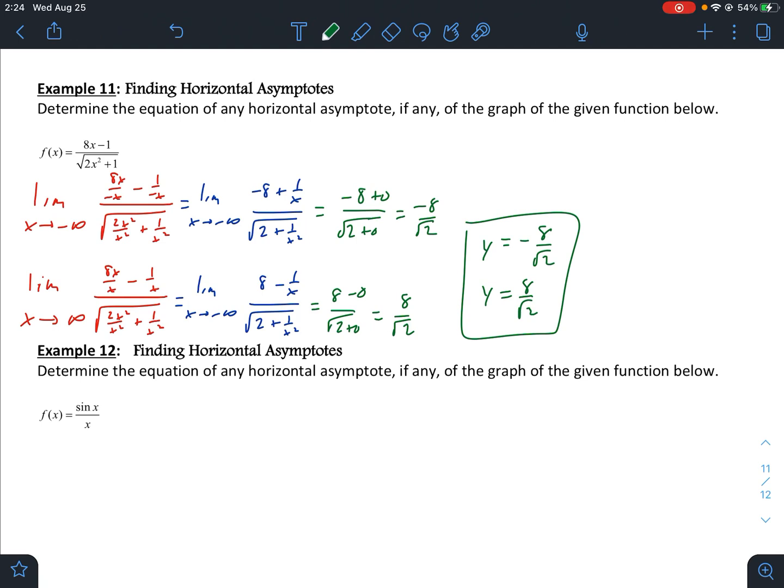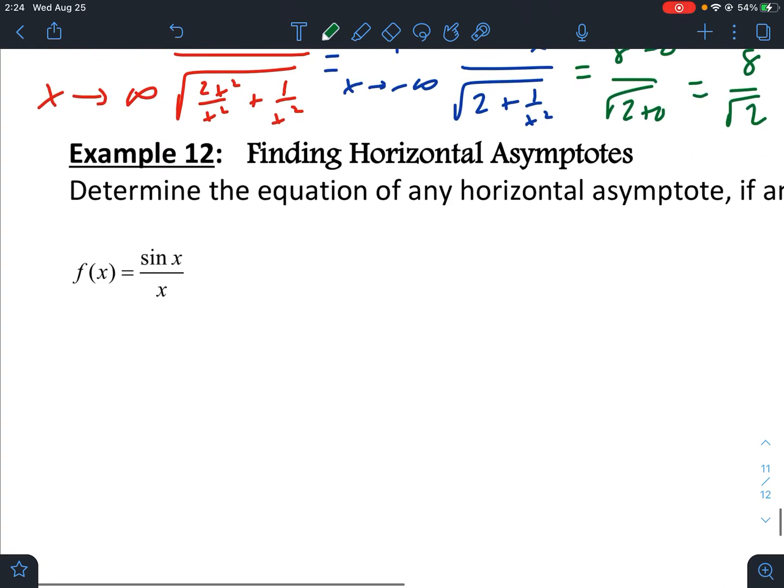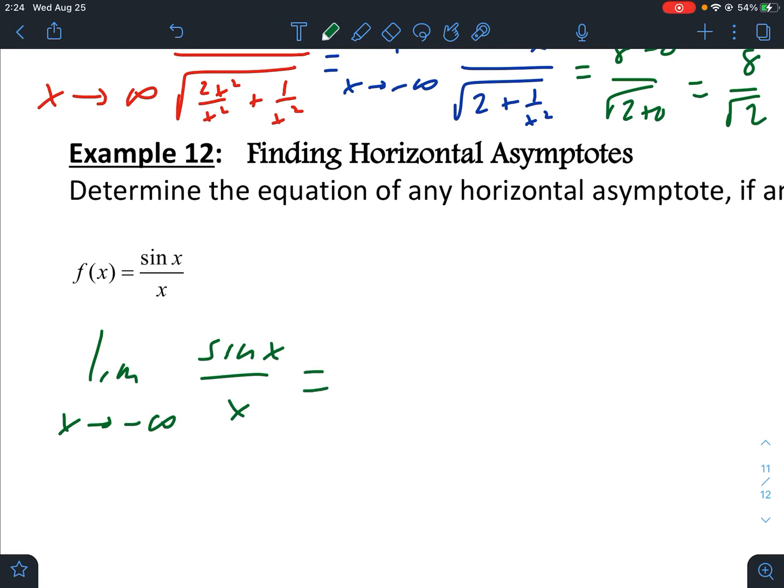Example 12. Determine the equation of any horizontal asymptote, if any, of the graph given below. All right, so if we had the limit as x approaches negative infinity of sine x over x, there's no real way to do this besides thinking.